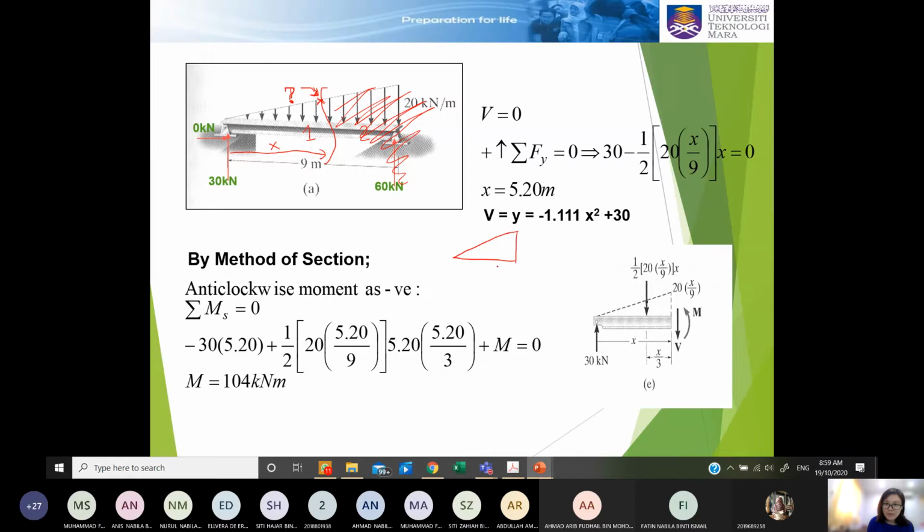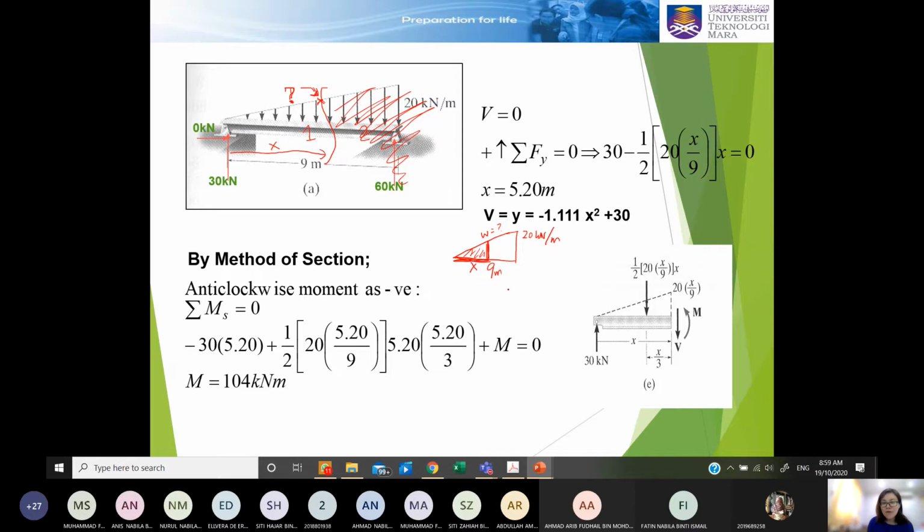For a 9 meter length, we know that the height of this load is 20 kilonewton per meter. But when it is X, I do not know what is the value of this W.